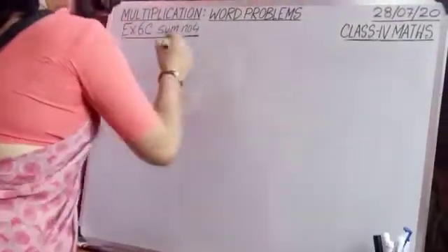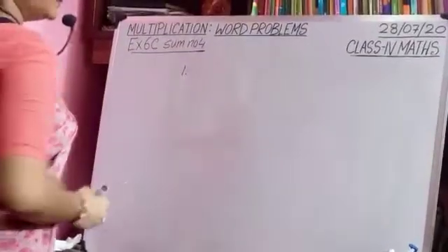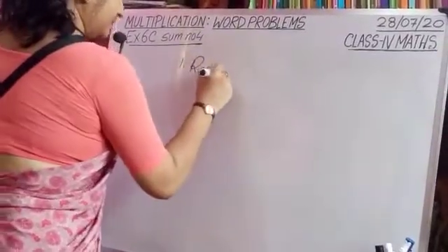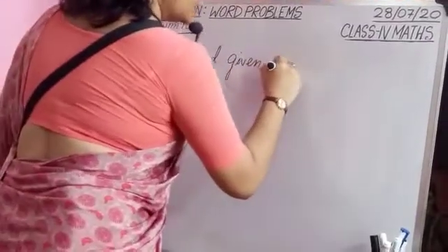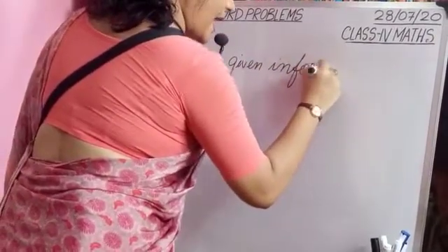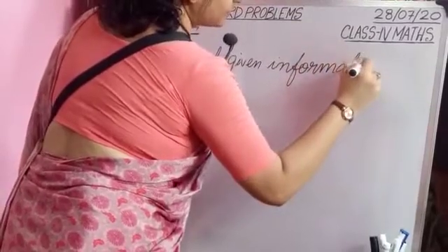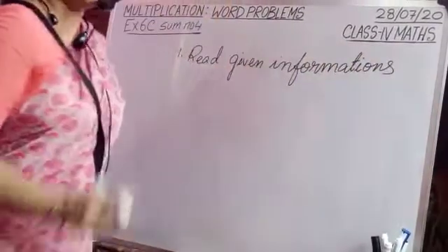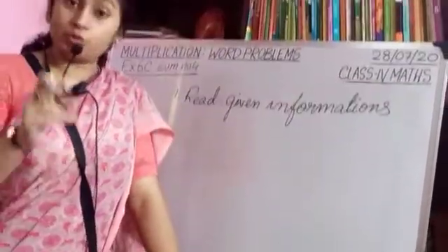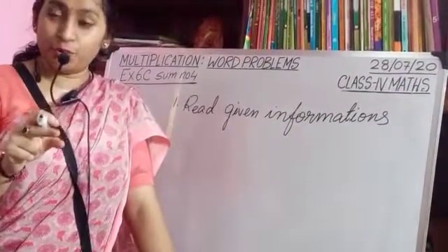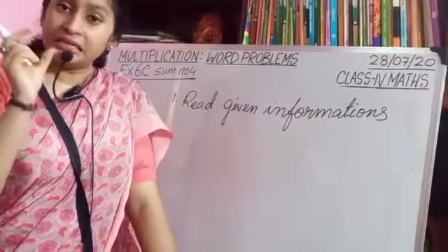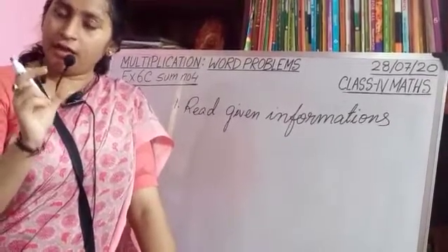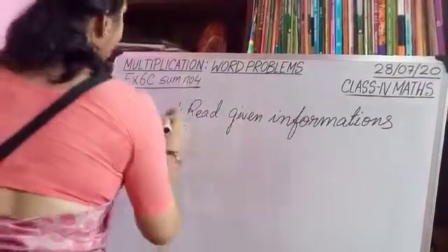Let me write down. Number 1, you have to read the given informations thoroughly and carefully. That means the informations that has already been provided to you in the question, you have to read them repeatedly, carefully and thoroughly, right?